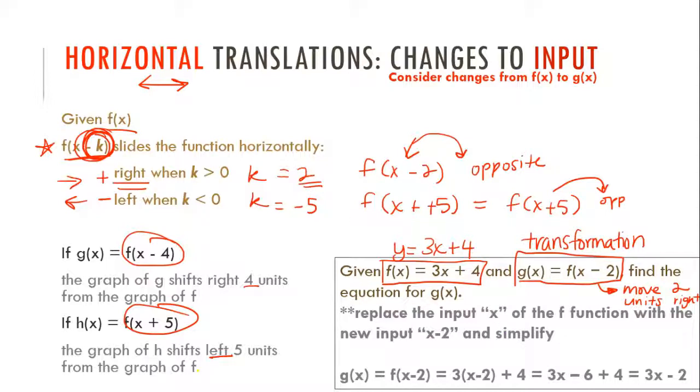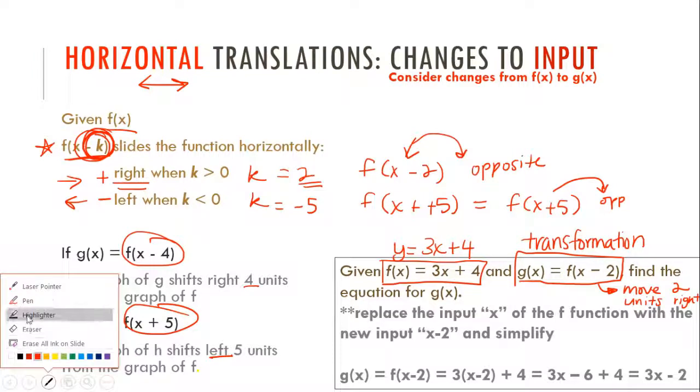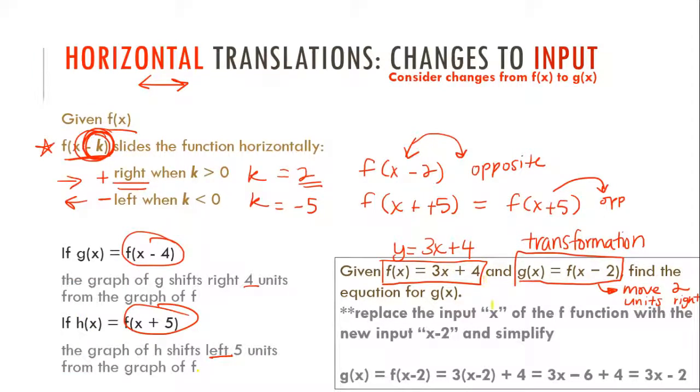So if we were to figure out the new function, I'm going to go ahead and highlight. We replace the input value.